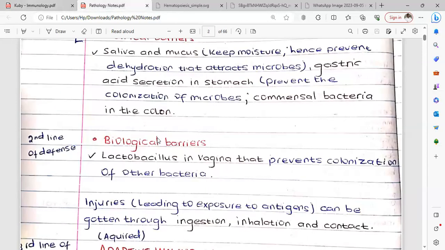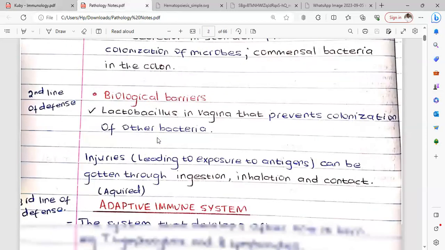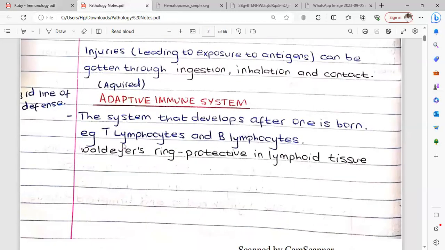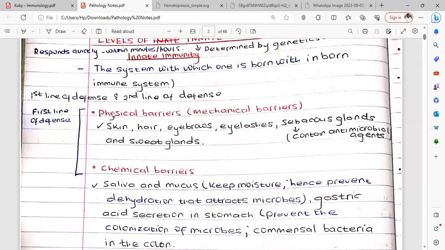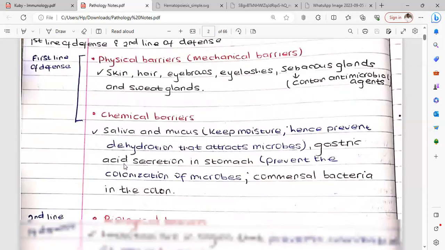Adaptive immunity is the system that develops after one is born. It comprises T lymphocytes and B lymphocytes, and you should appreciate that it is the third line of defense. We said the first line of defense is innate immunity, the physical and chemical barriers, and then the second line is the biological.